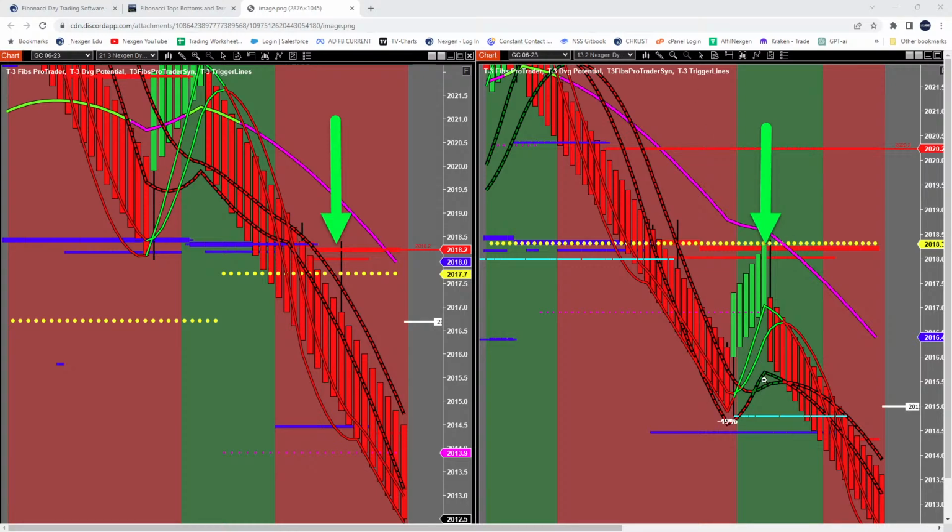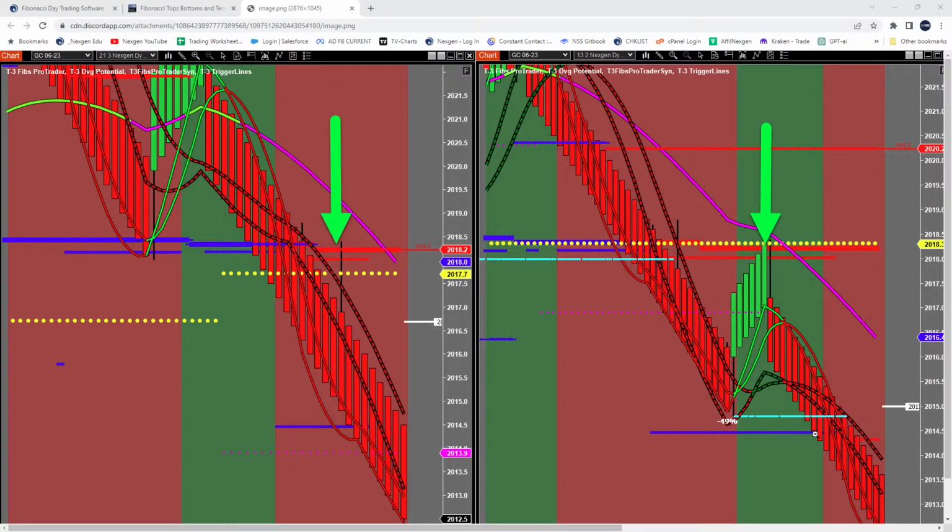Because your triggers are going up, so you run into resistance that's supposed to hold, so don't go long. But instead of don't go long, how about go short? Now, again, you have to add more charts to what you're doing to make that happen. At some point, you're going to have to decide.